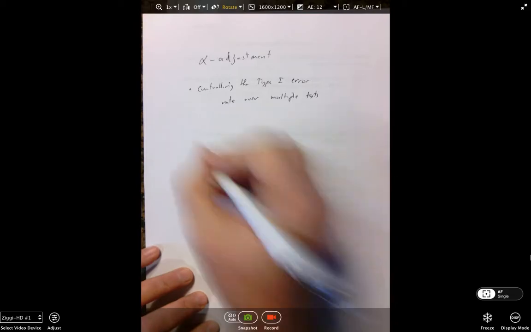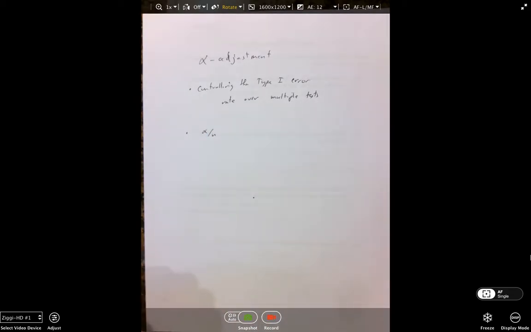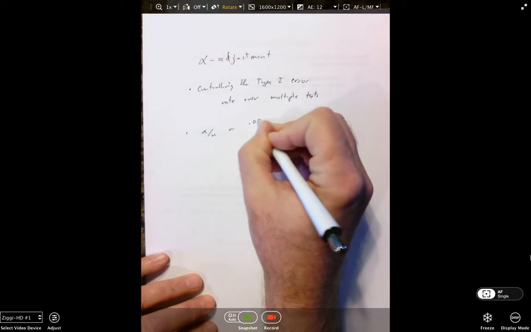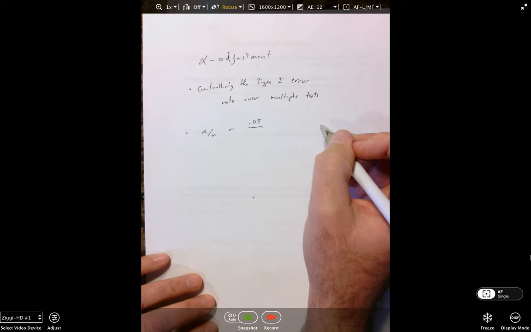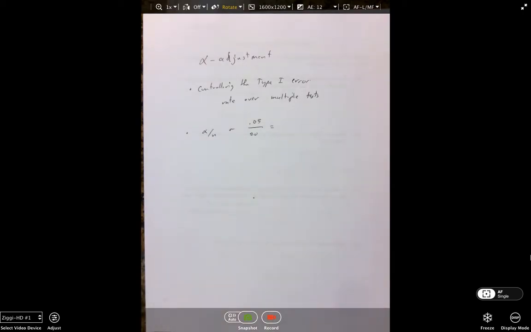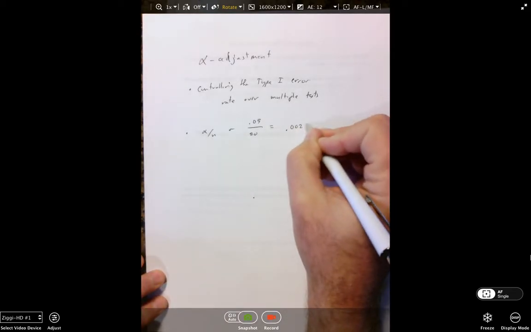One thing that you can do here is take your alpha and divide by the number of hypotheses. So we have an alpha of 0.05 if we're testing 20 cases, 20 deleted residuals. We could take 0.05 divided by 20 and test at 0.0025.